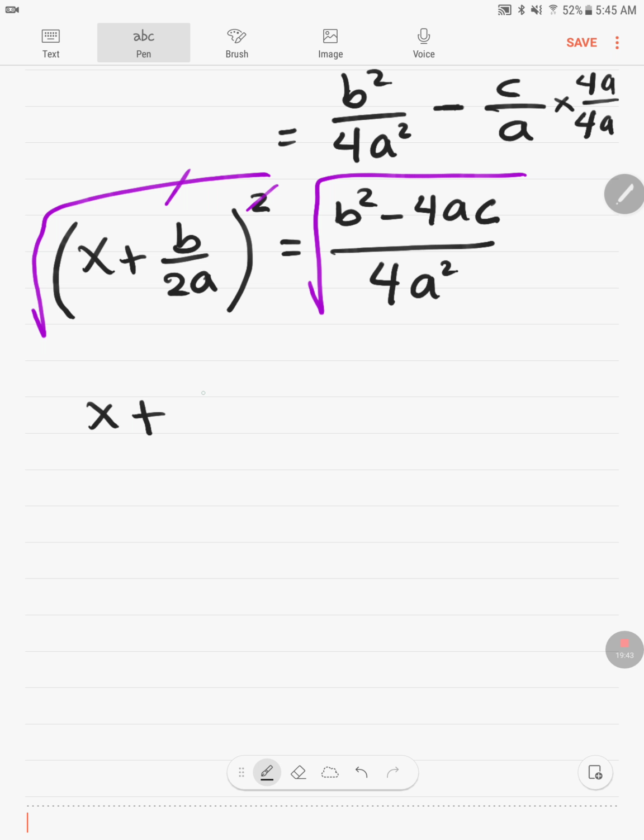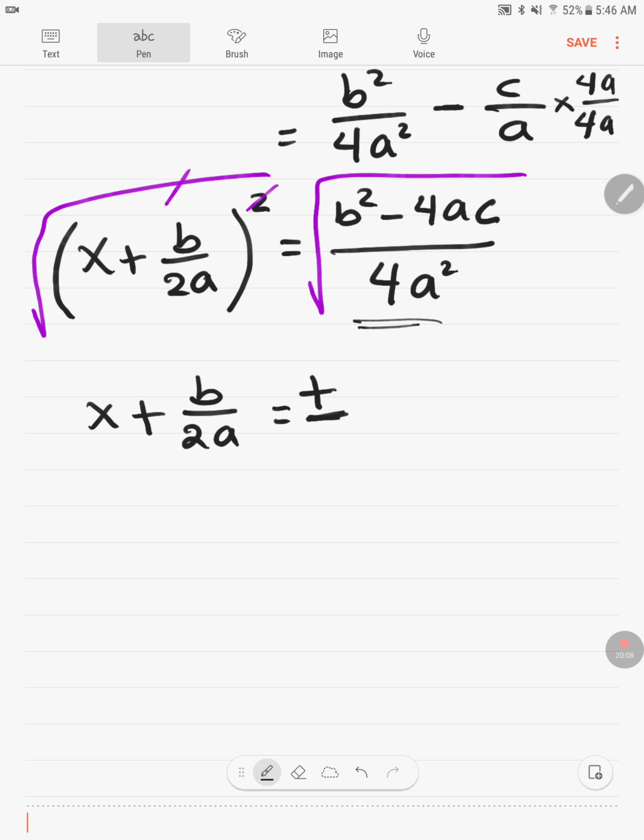So what we get is x plus b over 2a is equal to, and in the right hand side, when we take the square root, we have to add a plus or a minus sign, because the plus of this quantity and the minus of it will give us the same answer.